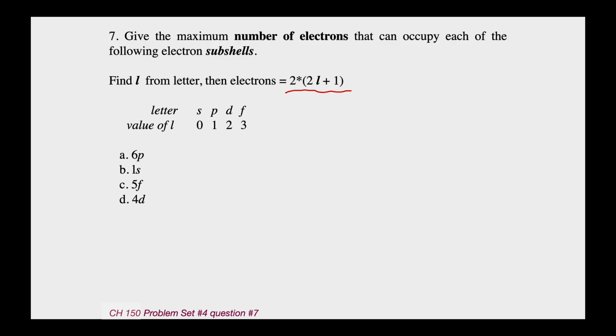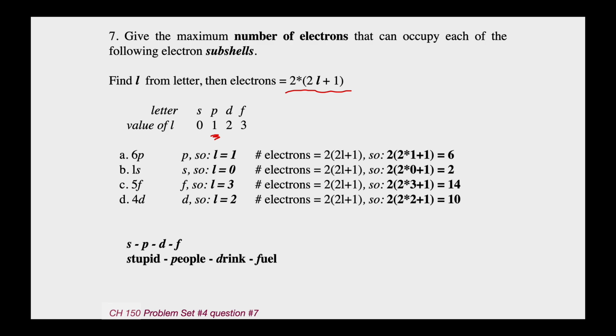For example, on the P one I talked about earlier, P has an L of 1. So 2 times L, 2 times 1 plus 1 is 3, and 3 times 2, that's one way to see that you've got 6 electrons. You can do that for S, F, and D the same kind of way. This is a higher order kind of way, and we'll talk about this more in the 200 level.